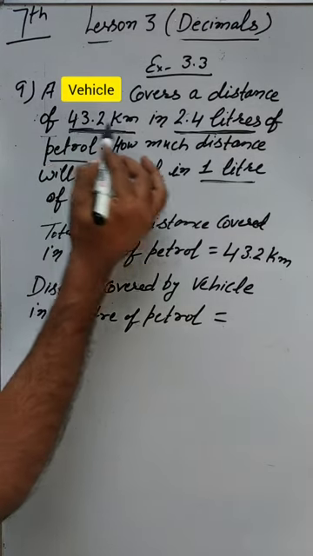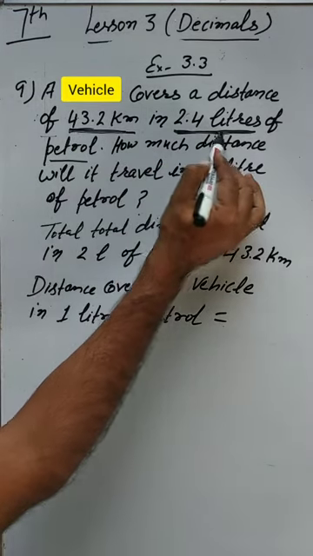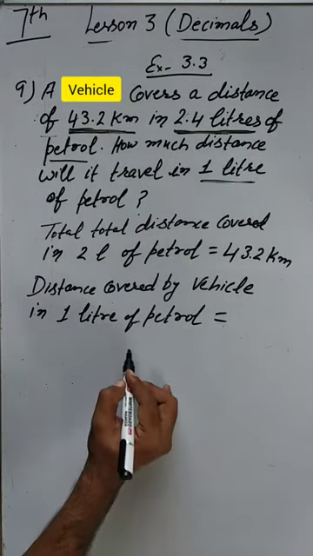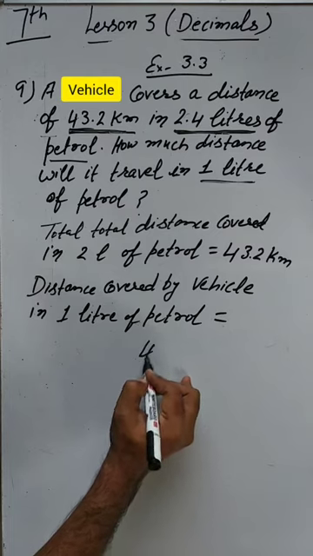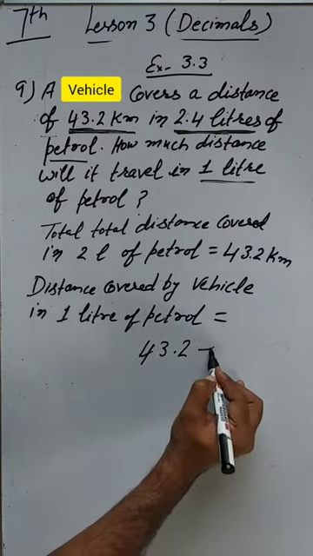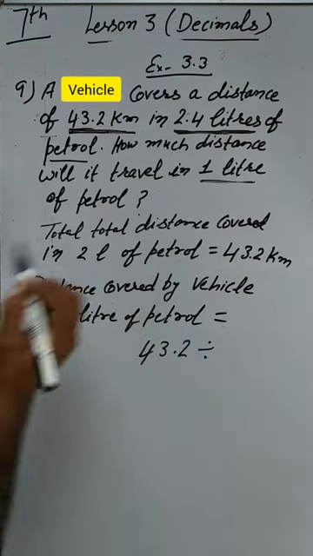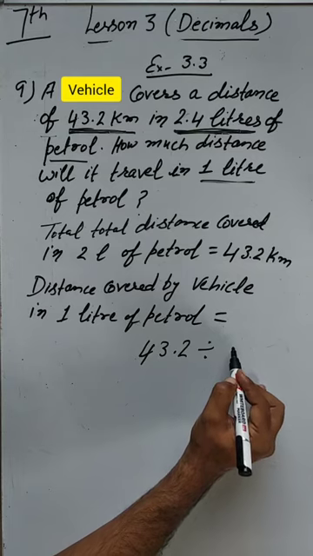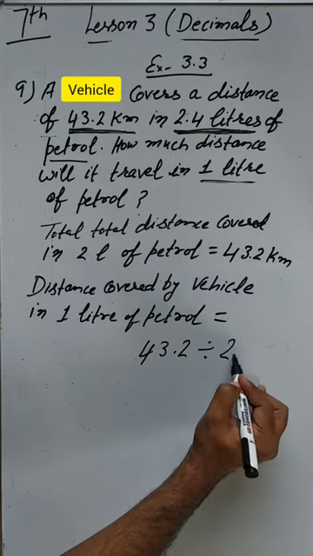Total distance covered by a vehicle in 2.4 liter is 43.2 kilometer. So distance covered in 1 liter of petrol will be 43.2, the total distance, divided by the total petrol, means 43.2 divided by 2.4.